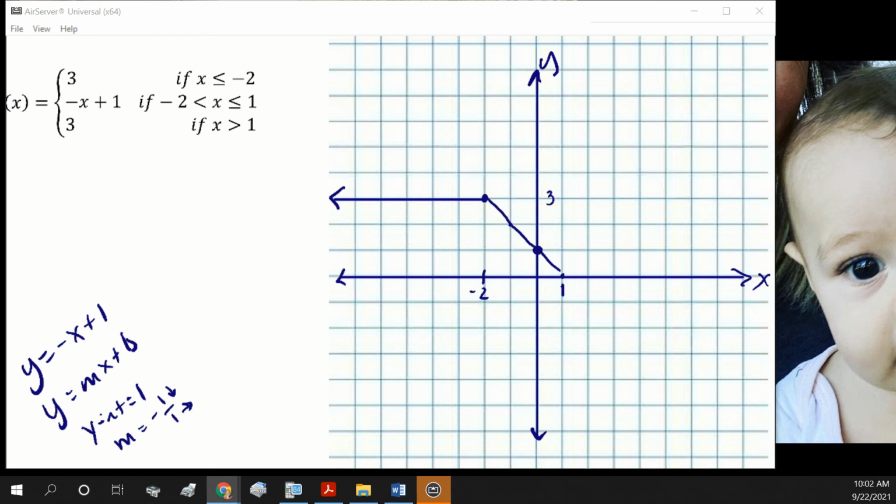So I just connect those points. All right, and then my last piece, everywhere to the right of 1, I'm back up at 3. Is that going to be an open or a closed circle? It can be open. And then I have a segment here.